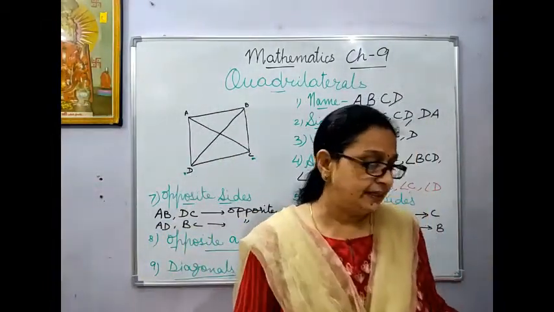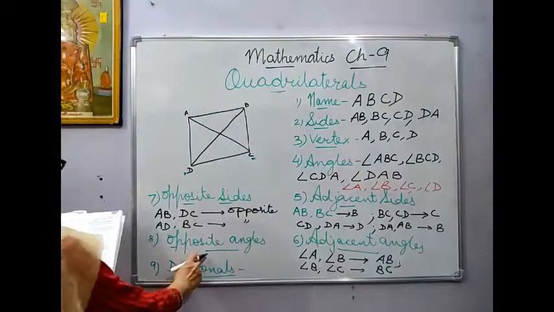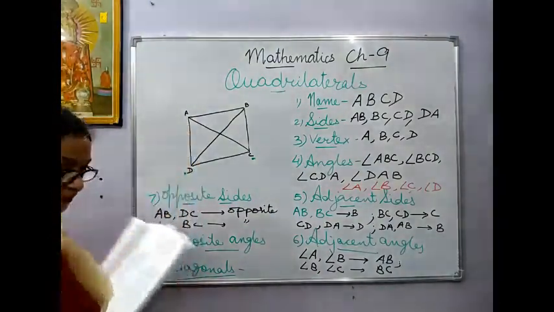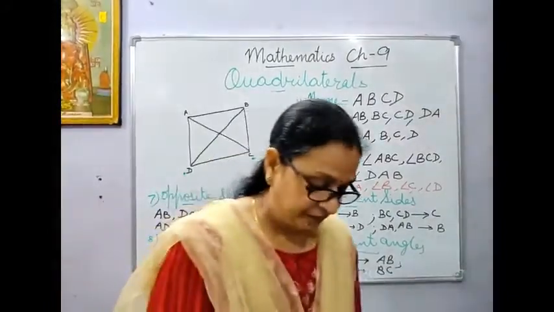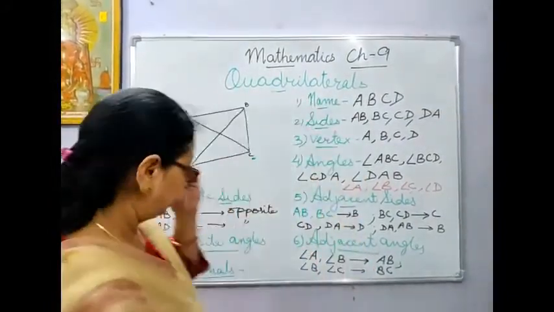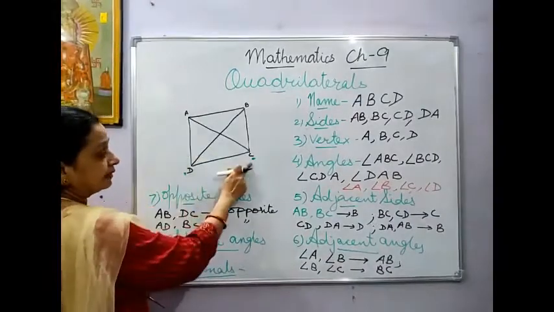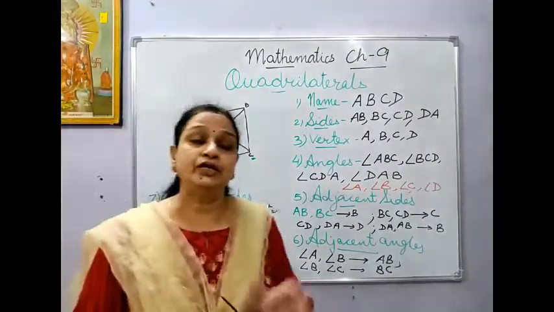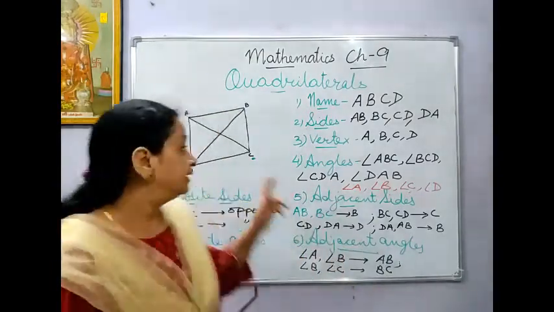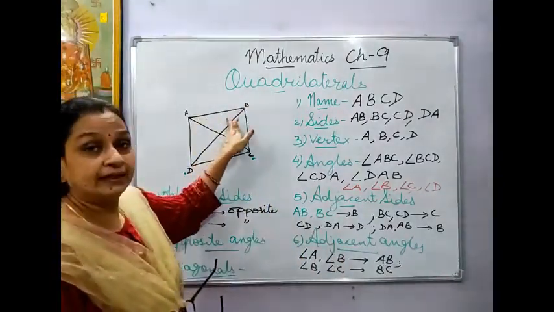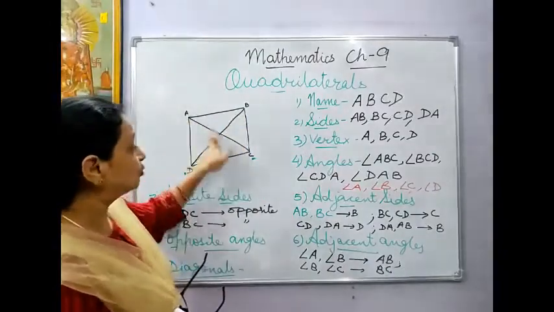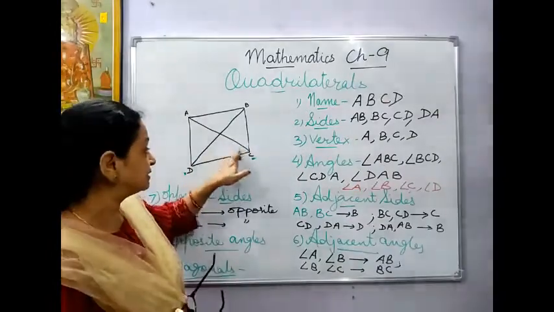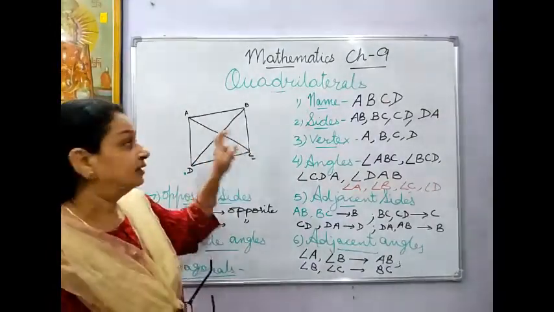Then similarly, opposite angles. Angle A and angle C, they are opposite. Children, please make very sure about adjacent and opposite. Adjacent, they have a common line, but angle A and angle C don't have a common side. Don't get confused, this is not a side, this is a side.